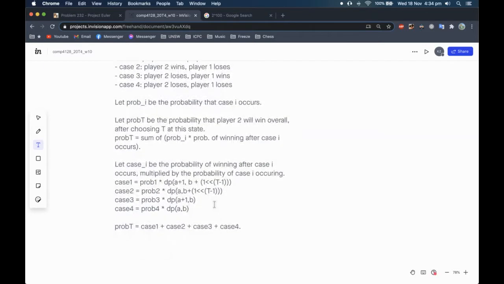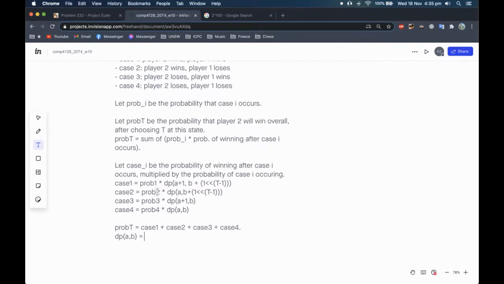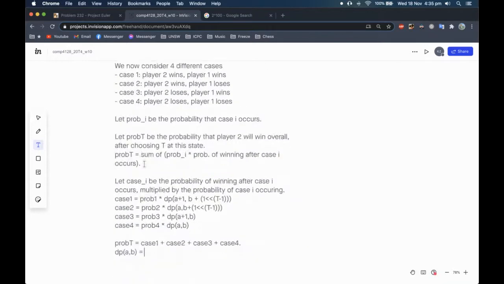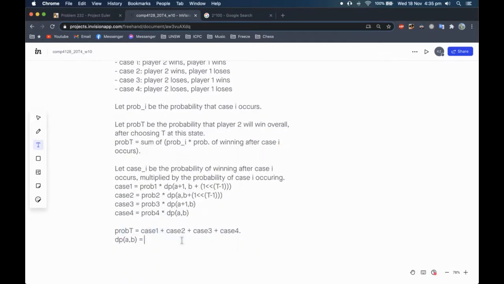Okay, so dpAB. As we just discussed, for some fixed t, we can calculate this prob t here. Then dp max AB will just be the max of prob t for t between 1 and 8.